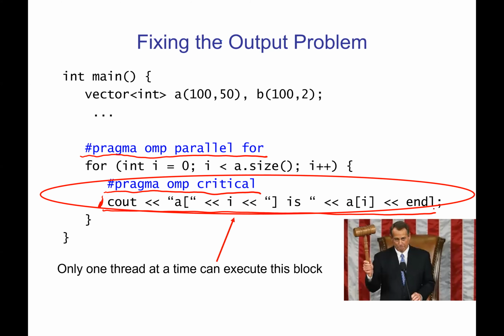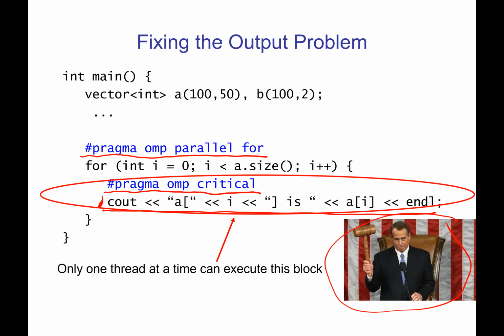This is like a speaker in the House of Commons or the Senate who is policing who gets to speak. Only one person can speak at a time because that person has the gavel. So it avoids this interleaved output problem.